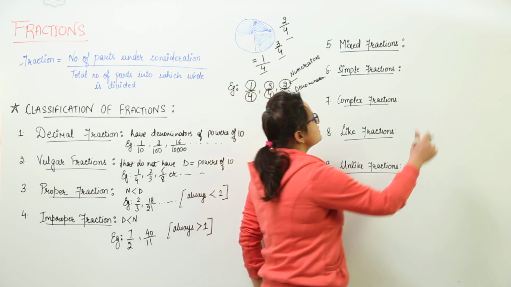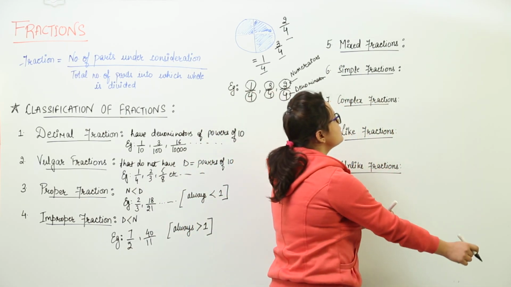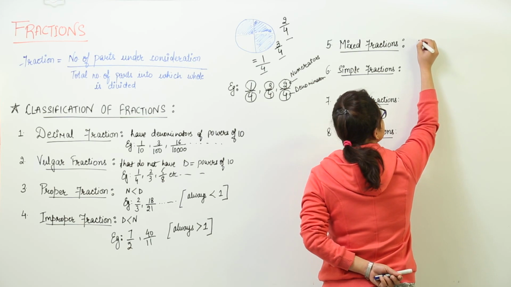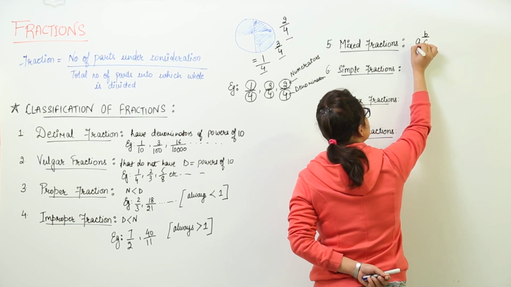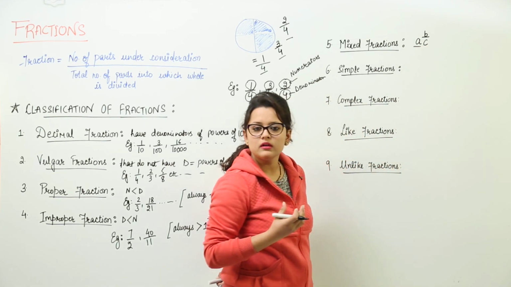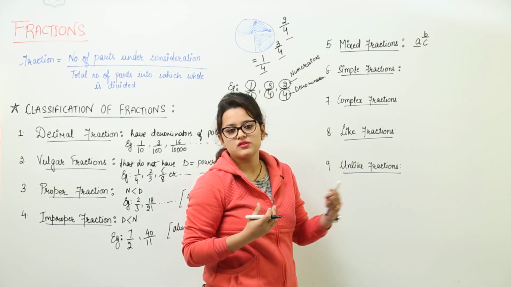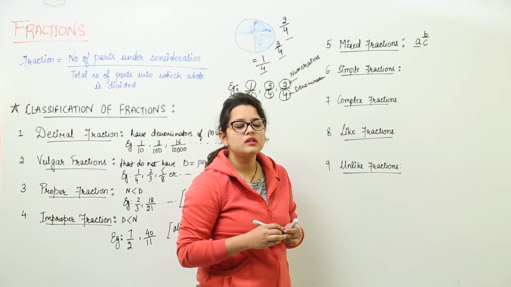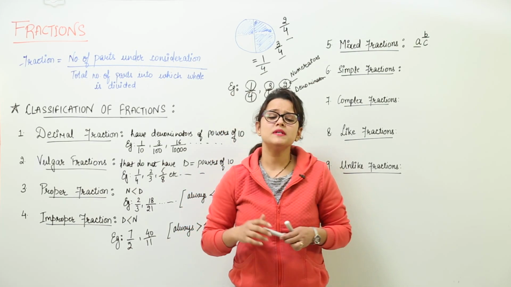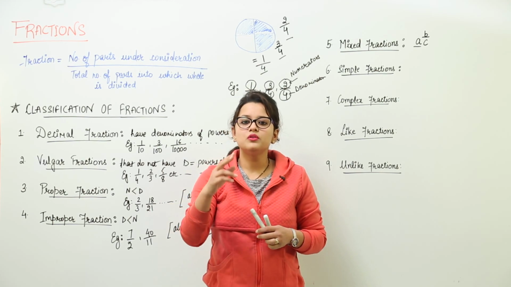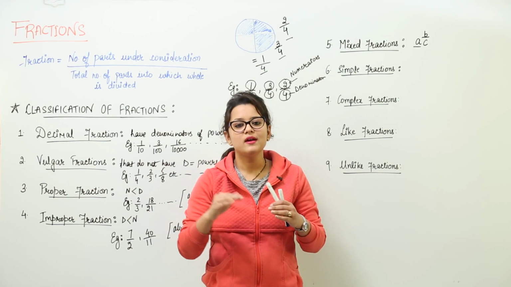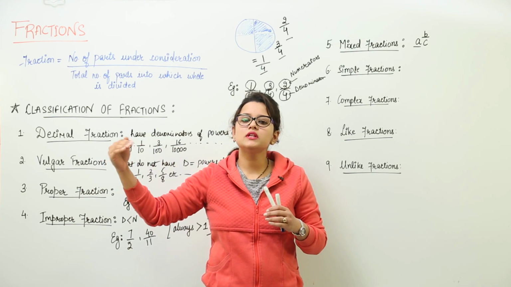Now mixed fractions have a very special representation, that is in this form, A B upon C. That means you have a whole part and some fraction part. Say for example, you got a pizza at your home, you have ordered 3 pizzas, out of that you ate 2 pizzas and one more piece of the third one.